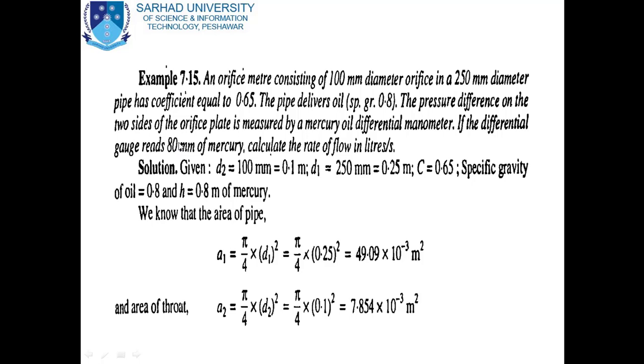In that way our calculation will be fine. So this is not 80, in fact this is 800. So H is equal to 0.8 meter. Here it is correct, as the rest of the calculation is done with 0.8 meters. So instead of 80, it is 800 millimeters of mercury.